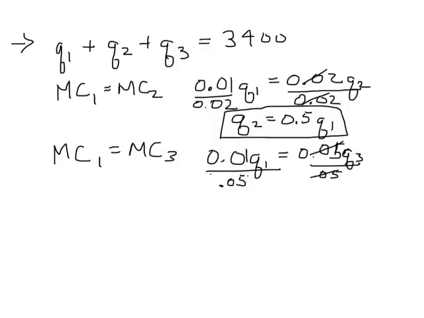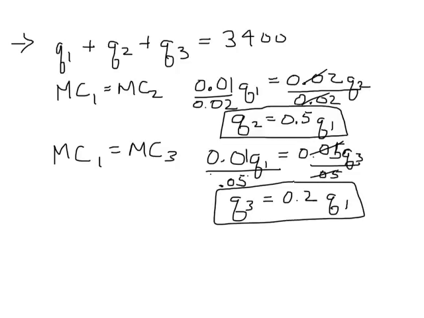So here we have Q3 is equal to 0.2 Q1. Like I say, David did it in terms of Q2, and that was perfectly fine, and he got the right answer. But Q1 is maybe a little bit easier. It's six of one, half a dozen of the other.